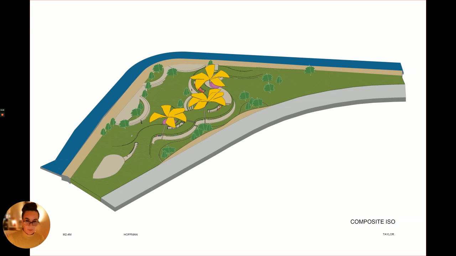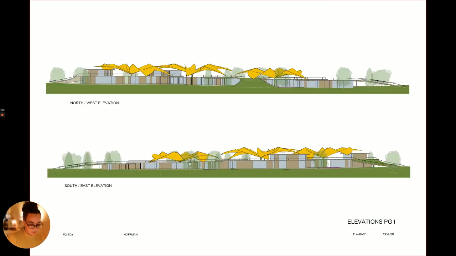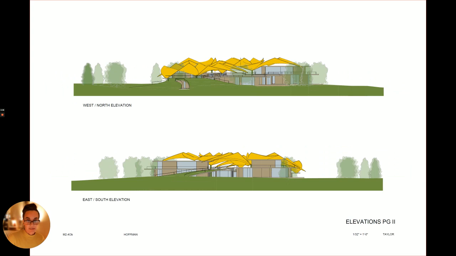My design for this was very much inspired by the site itself, particularly the existing shade trees. In addition to the trees and the green landscape, the site's other major asset is the Arizona Canal, which surrounds it and hugs the entire northern length of the site.